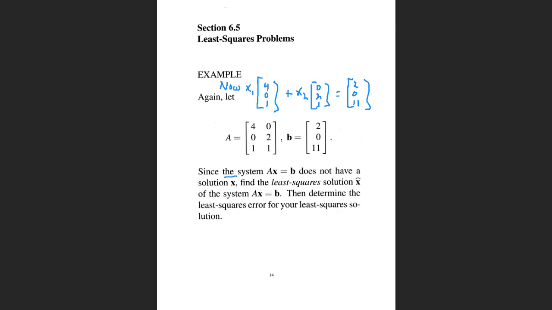But we know that that's not going to ever happen. We just showed it. There's no x1 and x2 such that a linear combination of the vectors a1 and a2 equals the vector b.